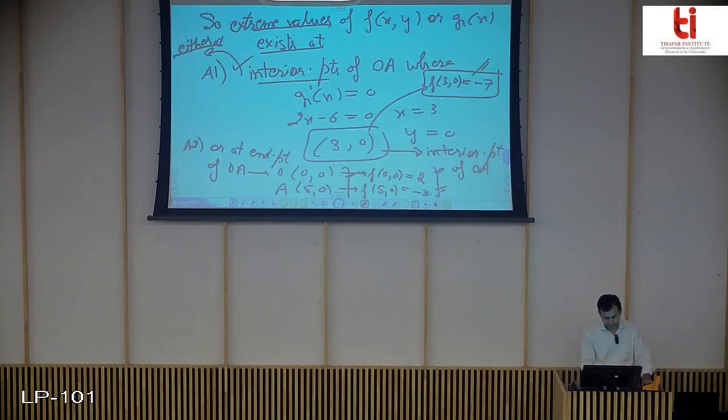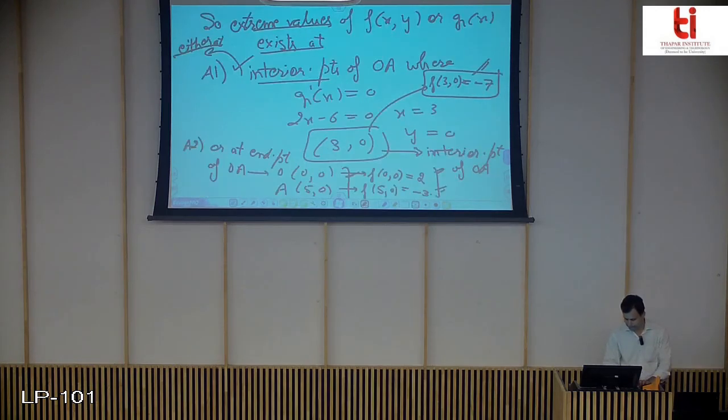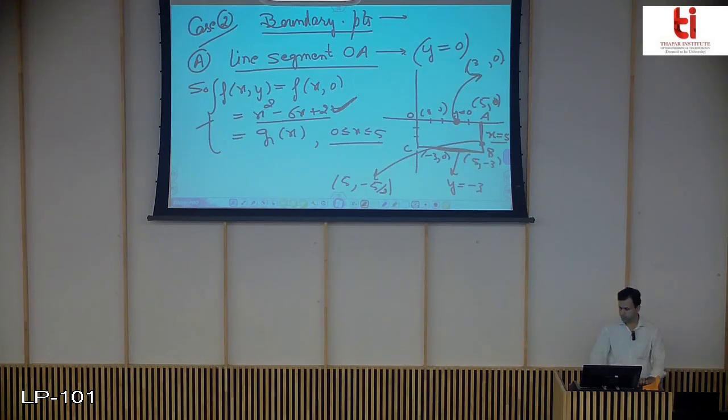And then when you are working with the line segment BC, you got the point 9 by 2 comma minus 3. That is 4.5 comma minus 3, and that point is somewhere here.